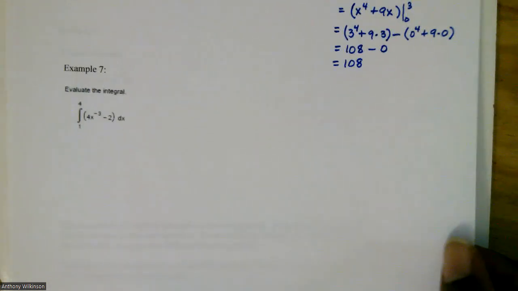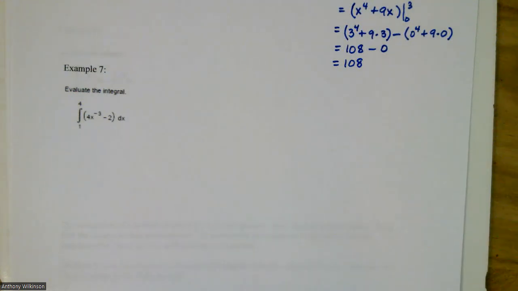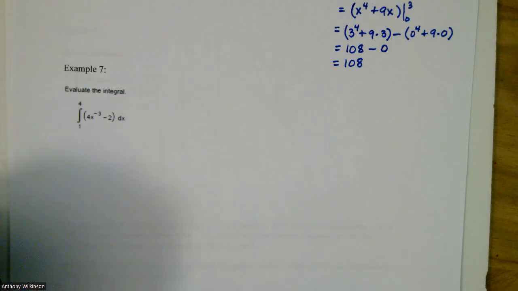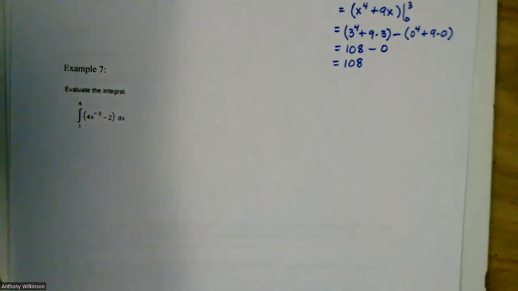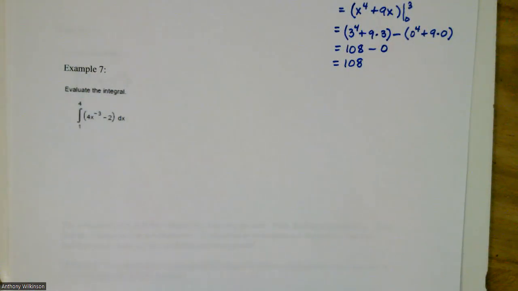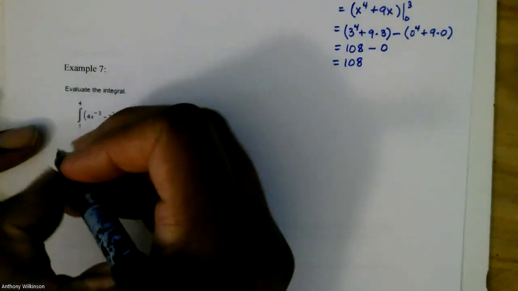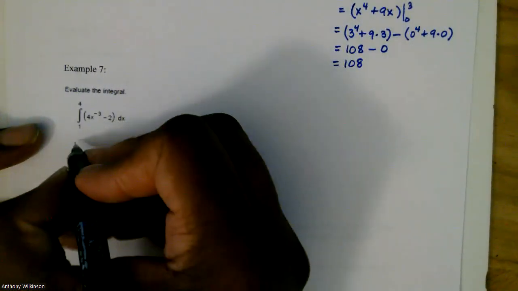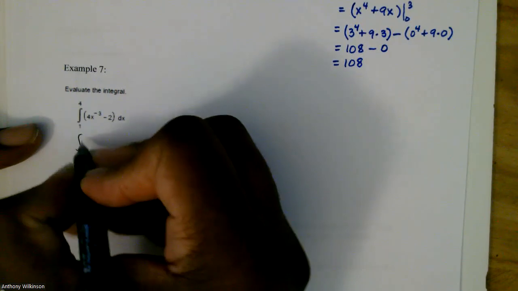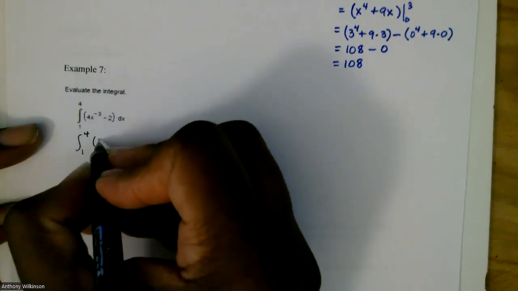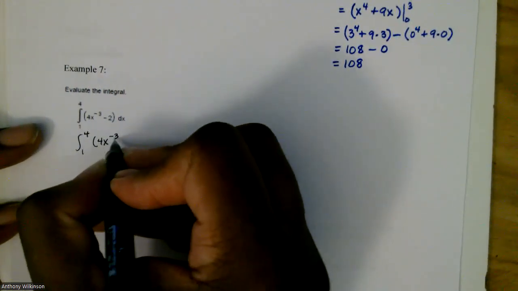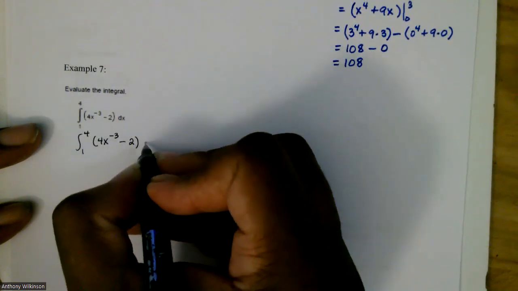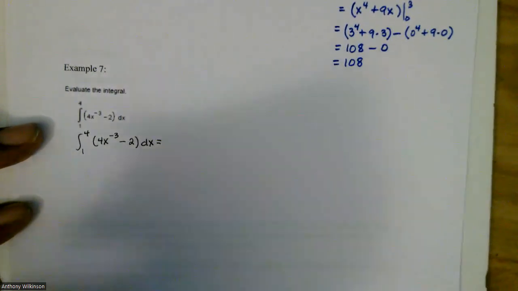Okay, example 7. Let's say I have the integral from 1 to 4 of 4x to the negative third minus 2 dx. I'll go ahead and rewrite it. The integral from 1 to 4 of 4x to the negative 3 minus 2 dx.